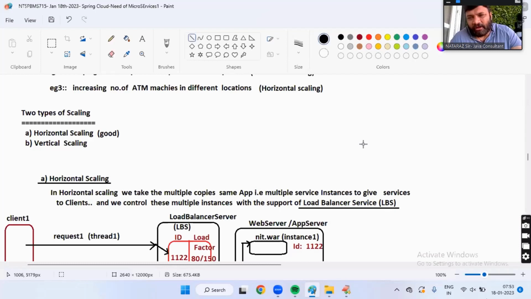In real life also, if you're attending a political party meeting, or a cricket match in the stadium, there will be 10 to 20 gates.